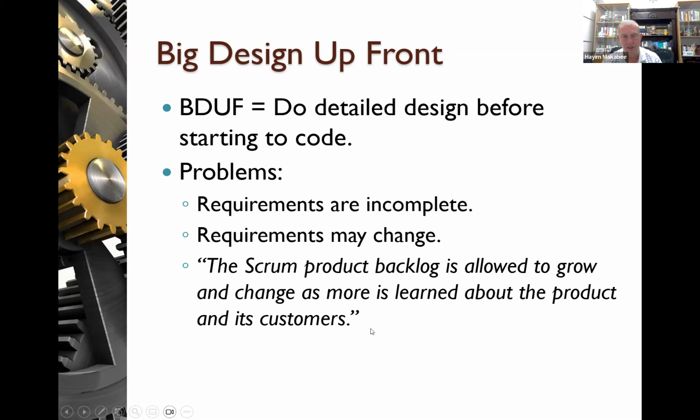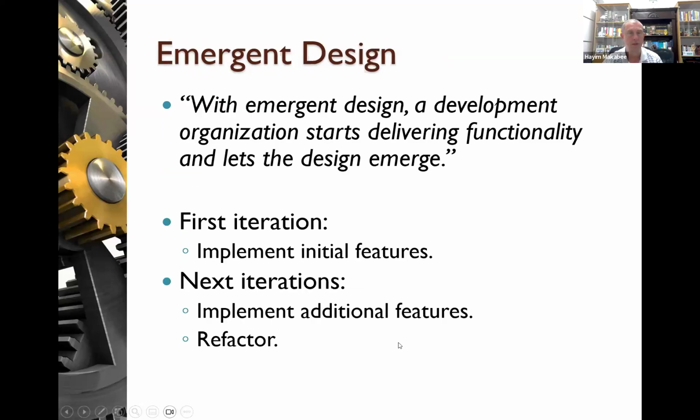And here you see a quote from Scrum, that the product backlog is allowed to grow and change during the development. Okay? So you start developing a system and you accept change in the requirements. Then some people propose this idea of the emergent design.